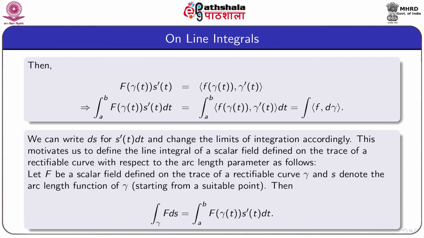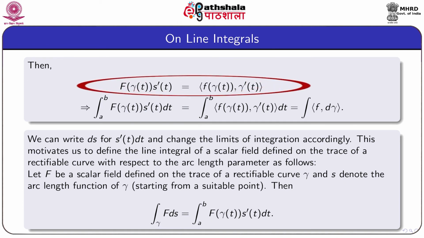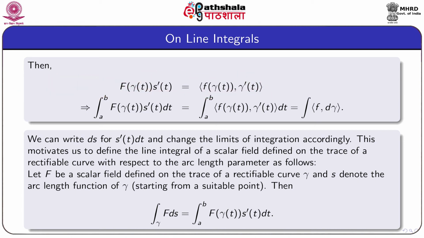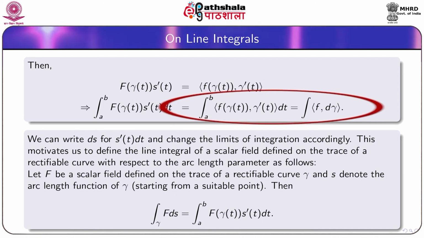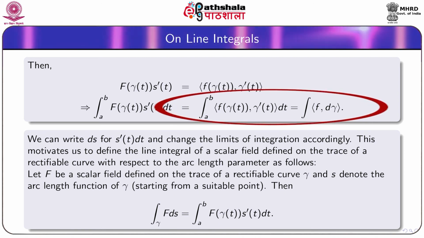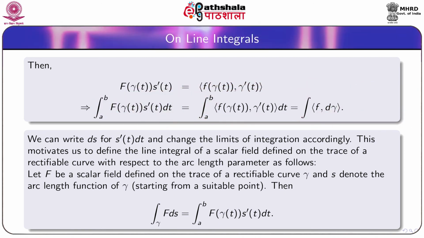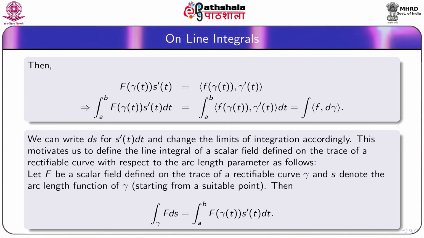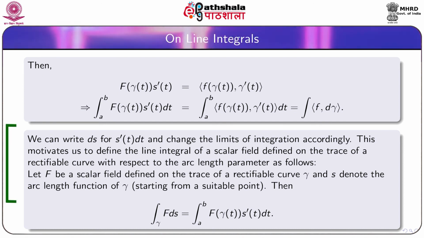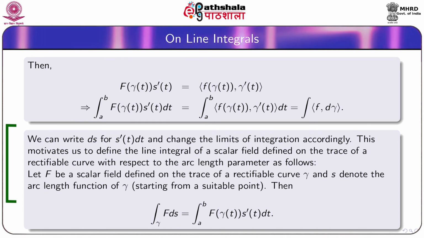Then F(gamma(t)) s dash(t) equals inner product f(gamma(t)), gamma dash(t). Therefore, integral over a to b F(gamma(t)) s dash(t) dt equals the line integral f d gamma. We can write ds for s dash(t) dt and change the limits of integration accordingly.